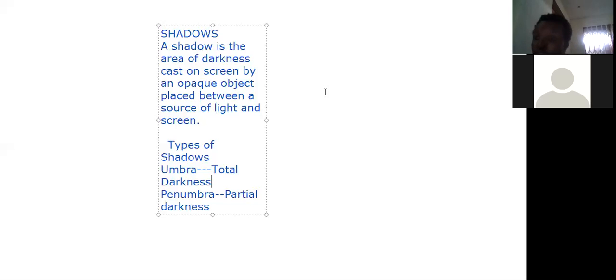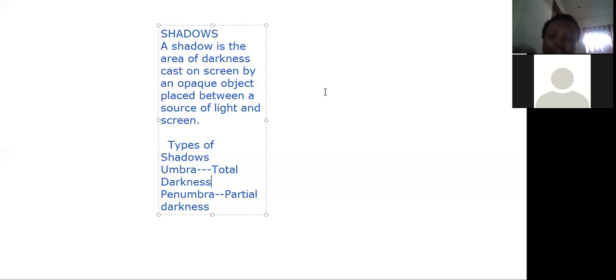Even during daytime when you're walking, some of the shadows you form you don't even see, and some you see but they are very faint. And normally at night, because the light is not too much, the shadow will be very deep or very dark. I don't know if you get my point.